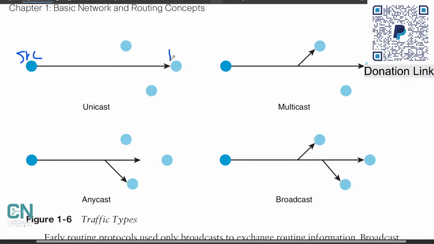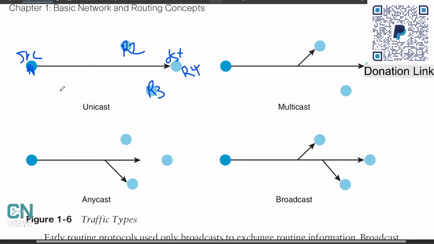In unicast, in our network we have, for example, router 1, router 2, router 3, and router 4.